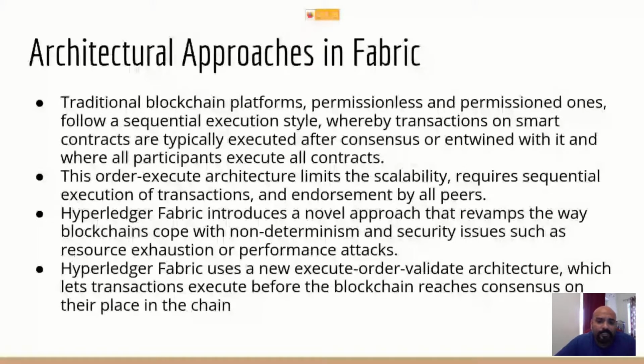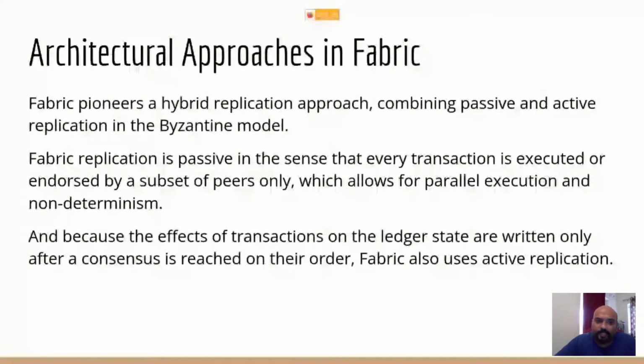So this architecture is known as the execute-order-validate architecture, and this execute-order-validate architecture is a kind of hybrid replication model. As per Hyperledger, it combines passive and active replication in the Byzantine fault tolerant model.